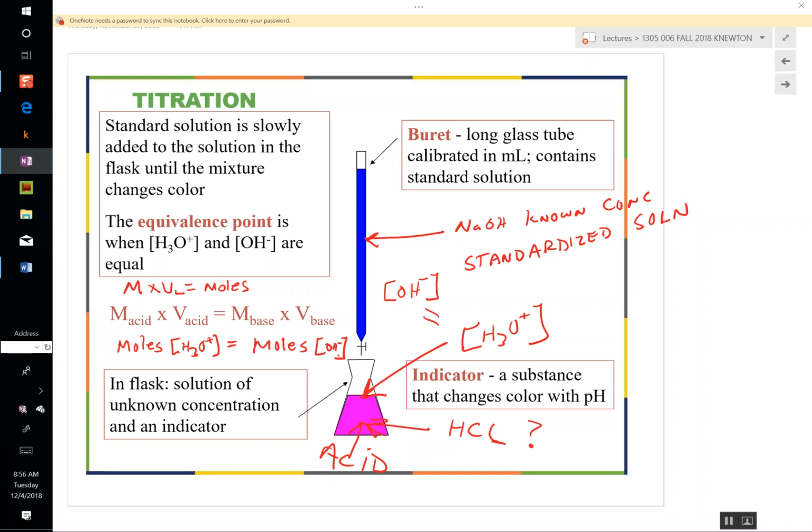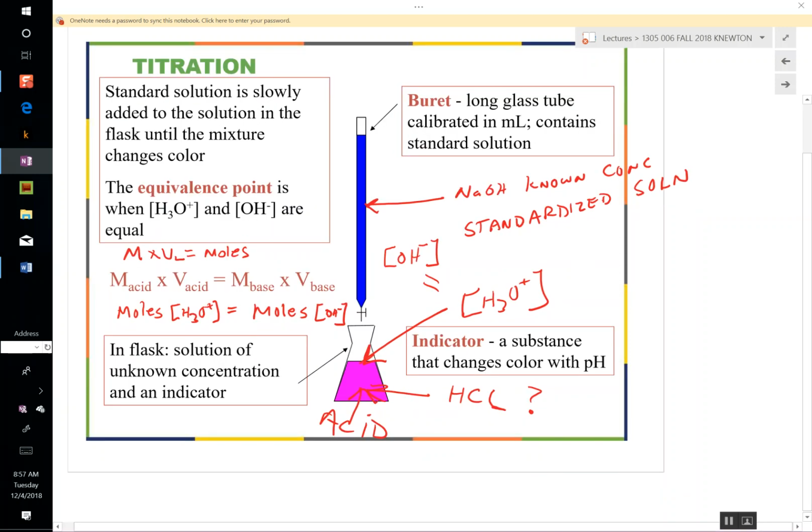And so what are the moles of the hydronium ion? It's the molarity of the acid times the volume of the acid. What are the moles of the hydroxide ion? It's the molarity of the base times the volume of the base. Molarity times volume equals moles.